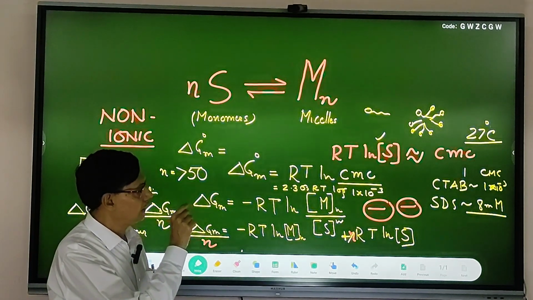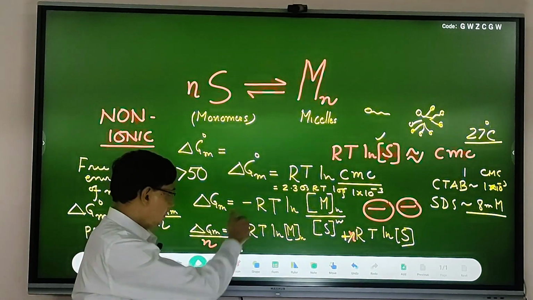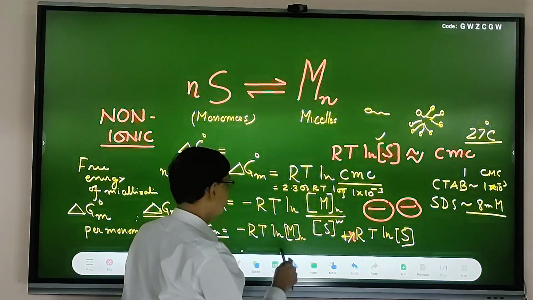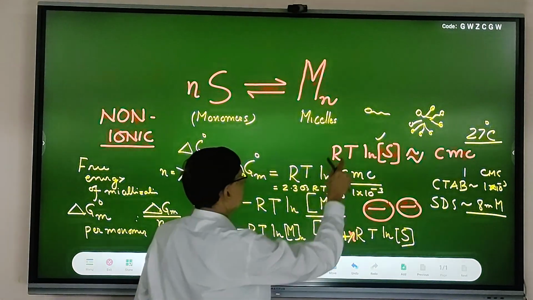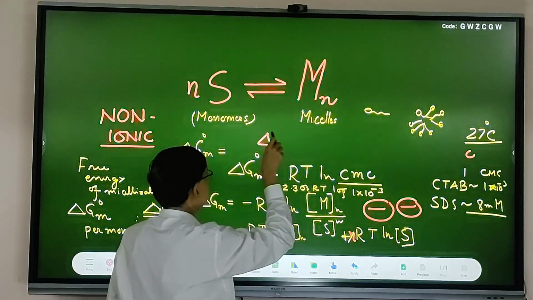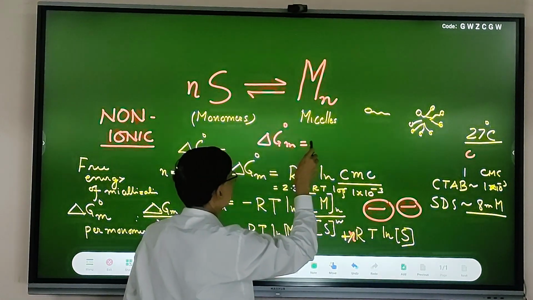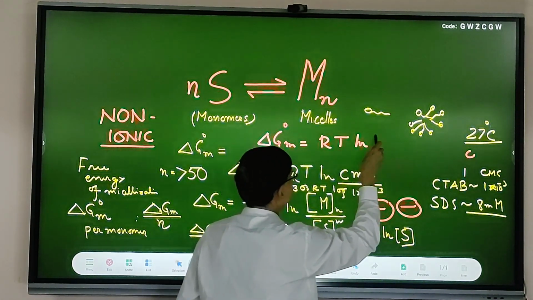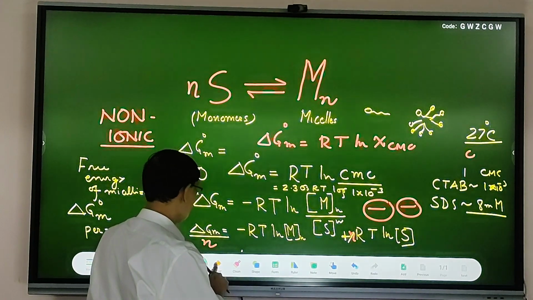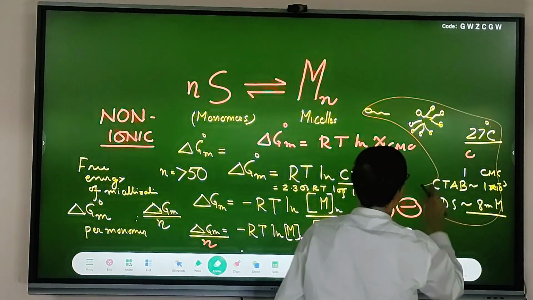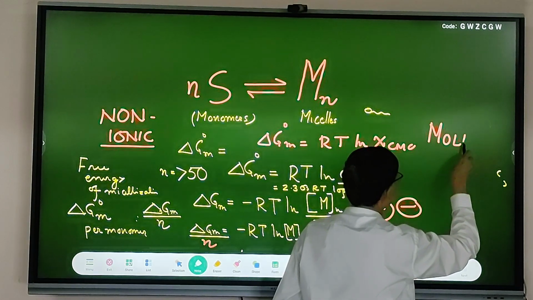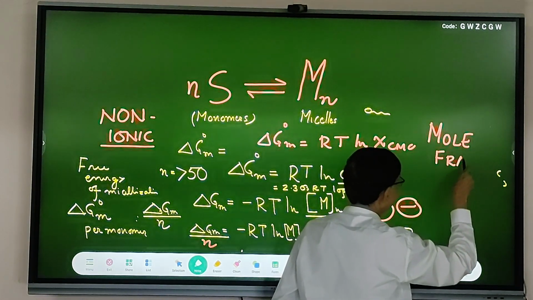Because sometimes if the value of CMC is very, very low for the non-ionic surfactant, we should take this concentration, delta G of M is equal to RT natural log of XCMC. That is actually mole fraction unit.